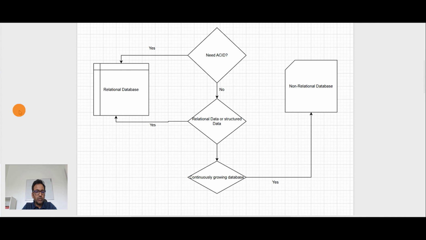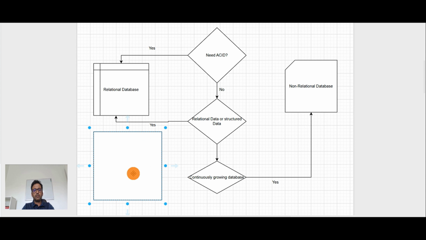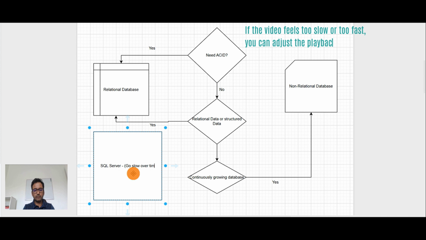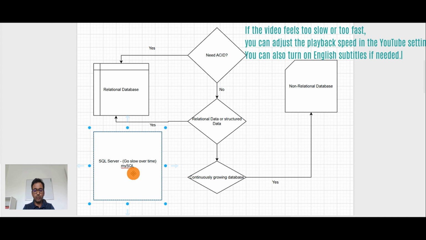So let's talk about a few examples of relational databases. Microsoft SQL Server, we already talked about that. It has a con, like it goes slow over time. And we have MySQL, Oracle, and PostgreSQL, which is also a relational database.